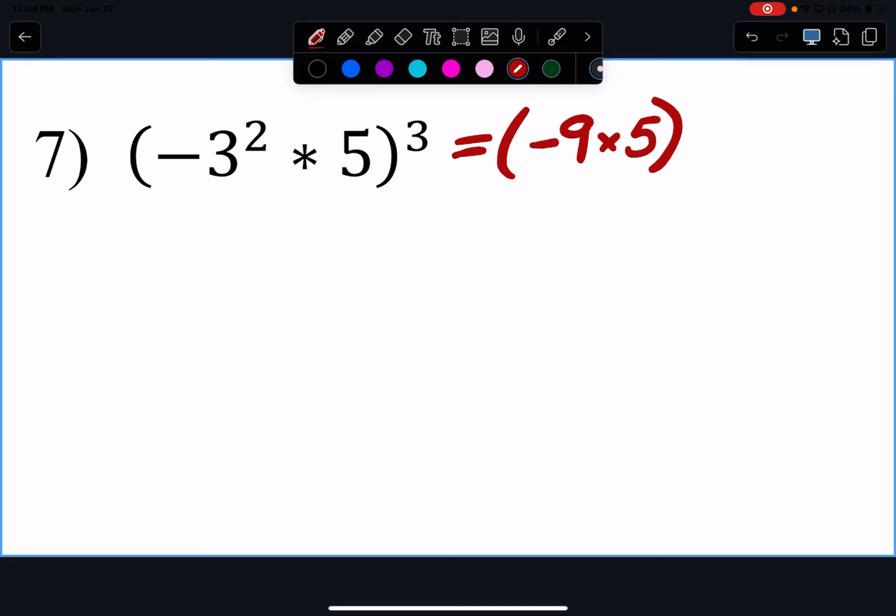Now, I want you all to find the answer to this. There are 2 ways we could find it, so do that one real quick.